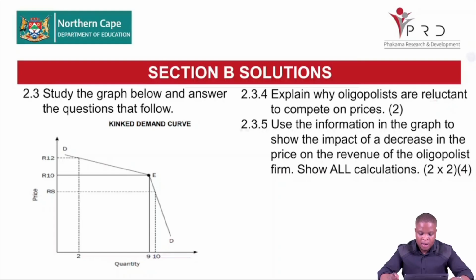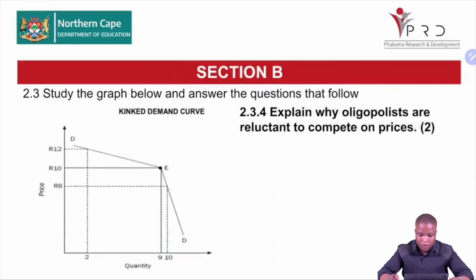Right, our time is up. 2.3.4. Explain why oligopolies are reluctant to compete on prices. Once this oligopoly decreases price from 10 to 8, the others may feel it's cheaper to buy. Let's say we're talking about telecommunication companies, network companies, right?